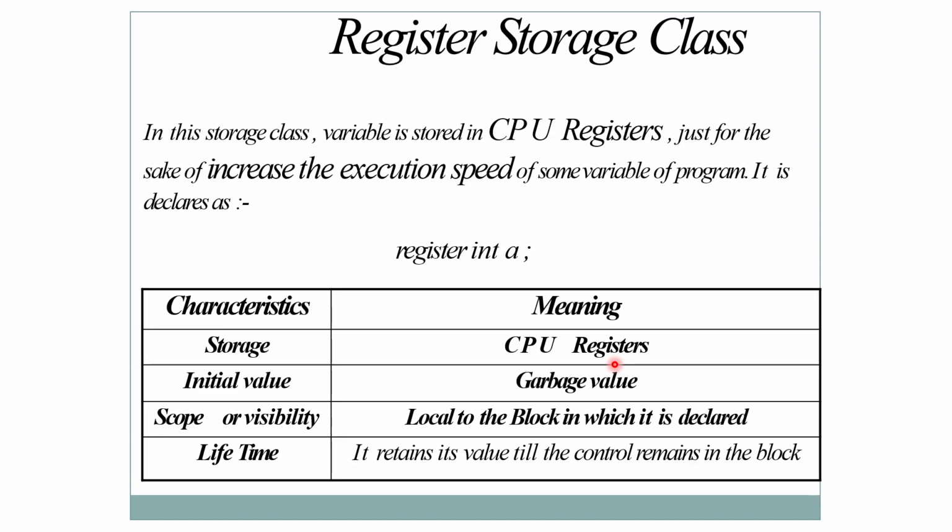For example, when running a program on a supercomputer or very fast computers, not the computers present in our home. In those computers, if we imagine that a very heavy program is running, definitely some variables will have to be updated frequently with very high speed.